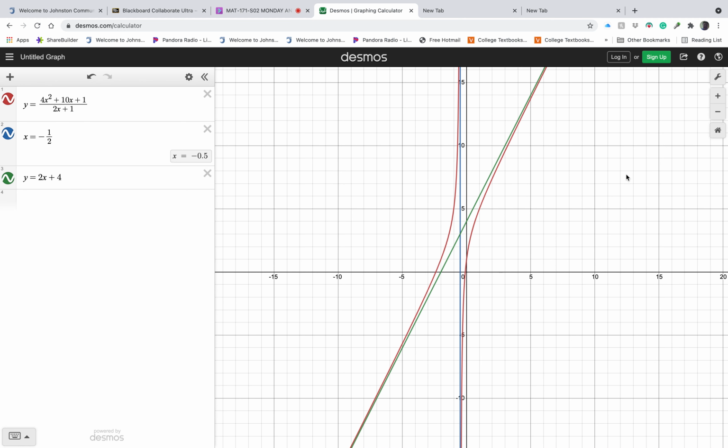So this is what we're going to have for the graphing of the rational function 4x squared plus 10x plus 1 over 2x plus 1. And again, as the barriers, we had the vertical asymptote x equal to -1/2, as well as the slant asymptote y is equal to 2x plus 4.